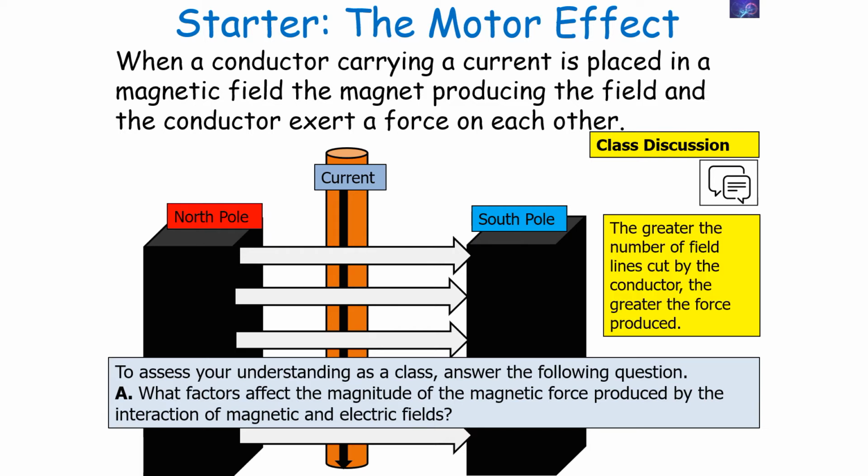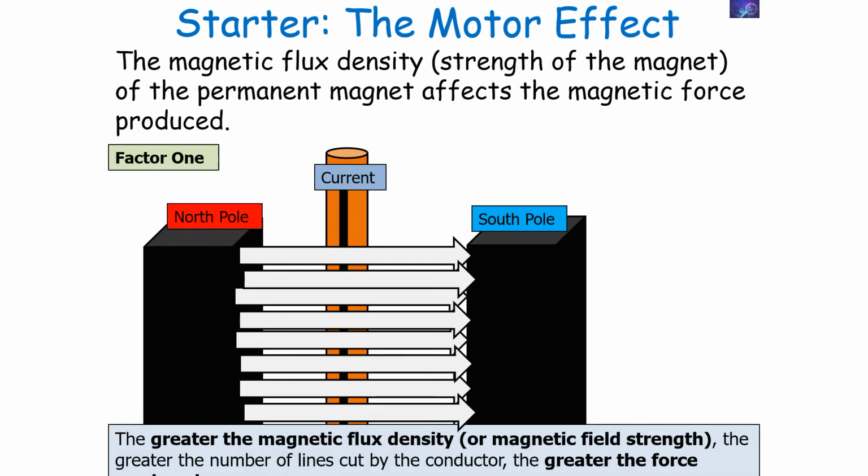It's linked to the number of field lines cut by the conductor, because the greater the number of field lines cut, the greater the force produced. The first factor is the magnetic flux density, or the magnetic field strength of the permanent magnet, because the greater the magnetic flux density, the greater the number of field lines cut by the conductor, the greater the force. This is because there are just more field lines per unit area.